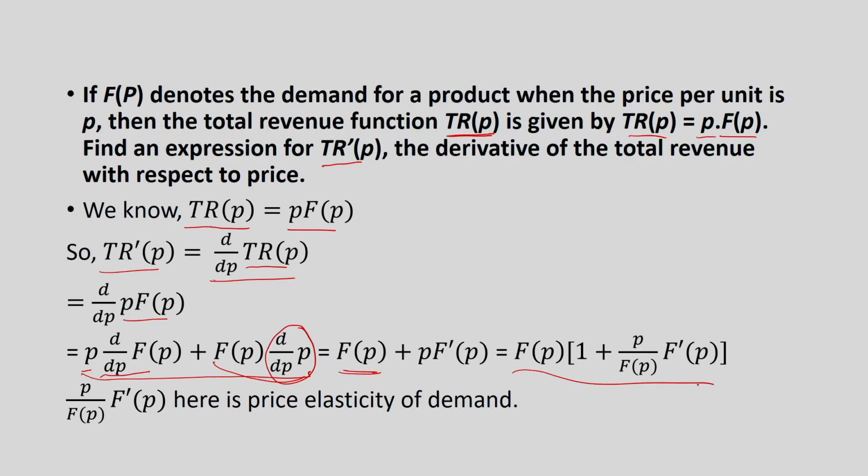and in the next step I take f(p) common. If I do so, then I am going to get f(p) multiplied by 1 plus p divided by f(p) multiplied by f prime p. So, this is the end result, that the derivative of the total revenue with respect to price is f(p) multiplied by 1 plus p f prime p divided by f(p).